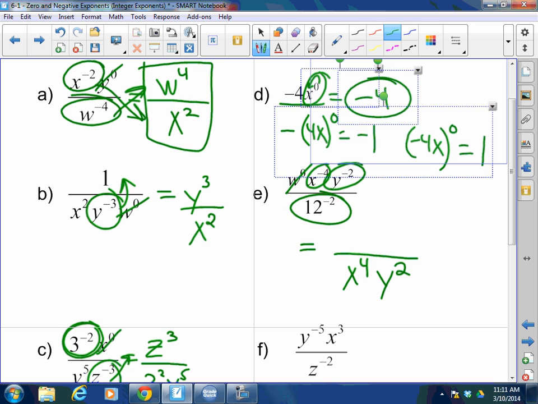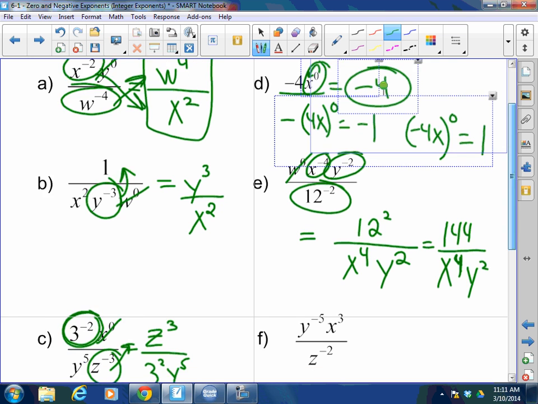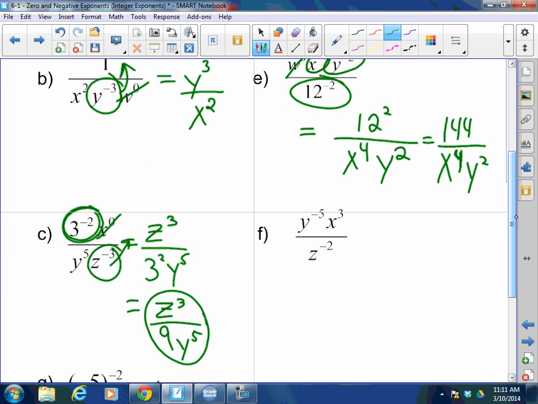And then 12 to the negative 2 goes up. Very good. Now, what does that simplify to? Beautiful. Y squared. Fantastic. 144 over x to the 4th y squared. I could not have done that better myself. Well done, son. Thank you.